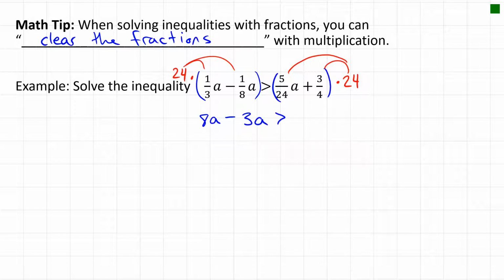And then we have greater than, well, 24 and 24 would cancel in this first one, so we just have 5a. And then 24 times 3/4, I'll do this off to the side. Well, 24 and 4, we could divide out a 6 from each. So 3 times 6 is 18.